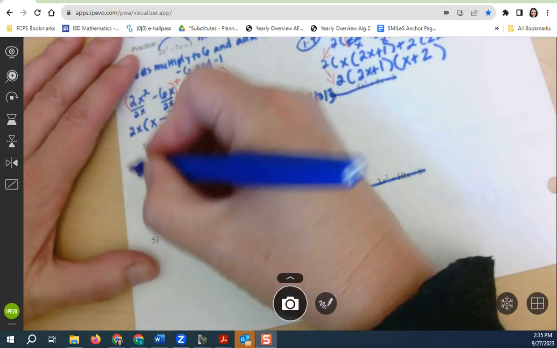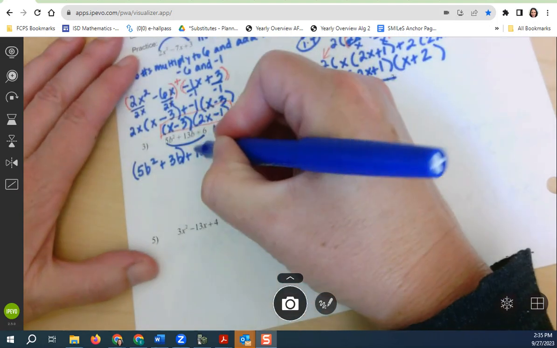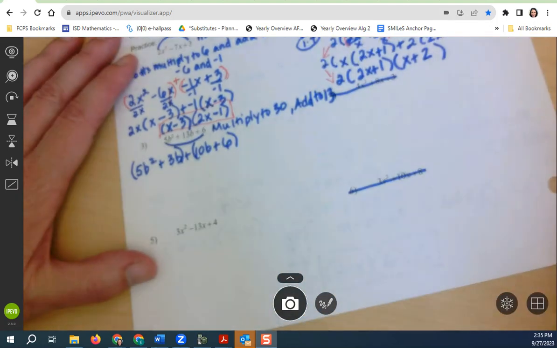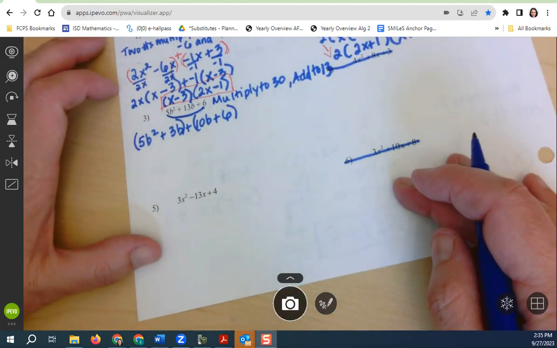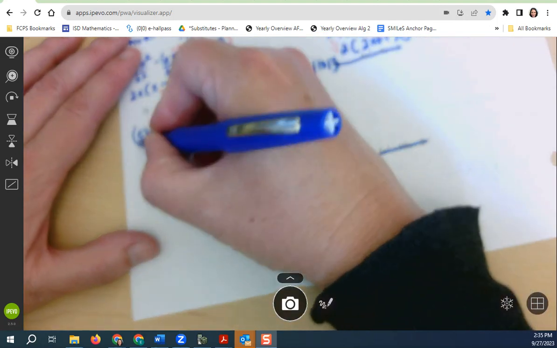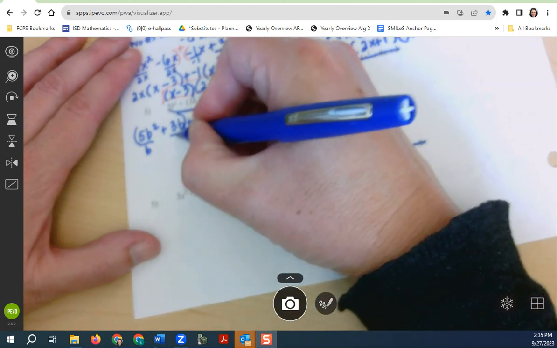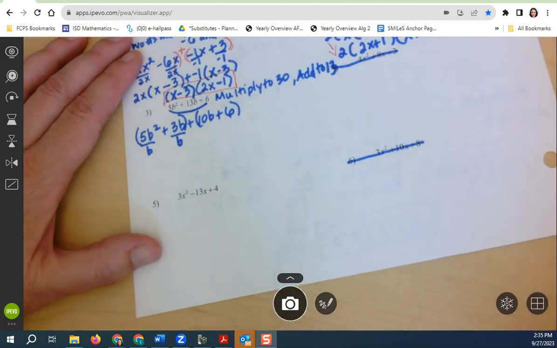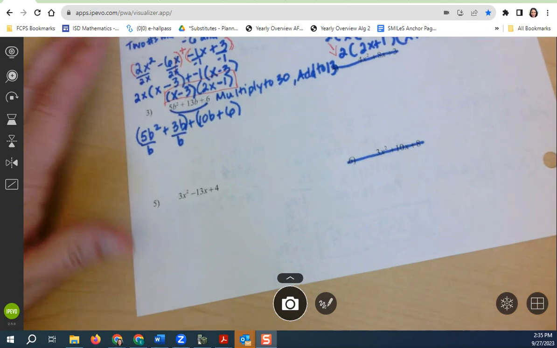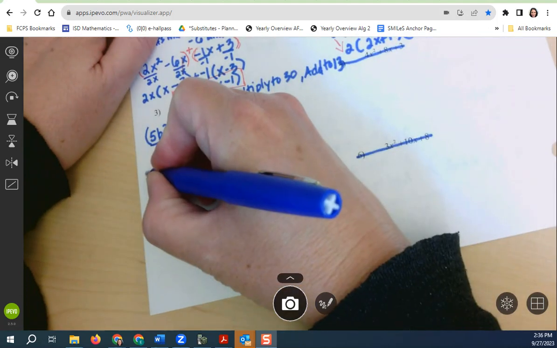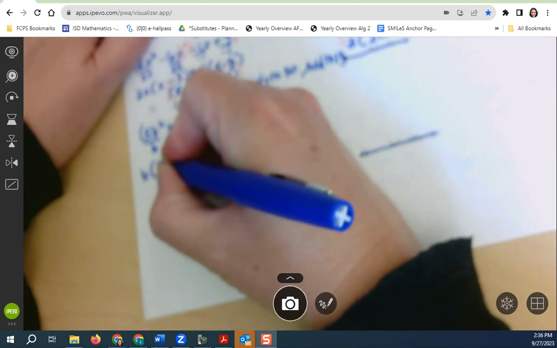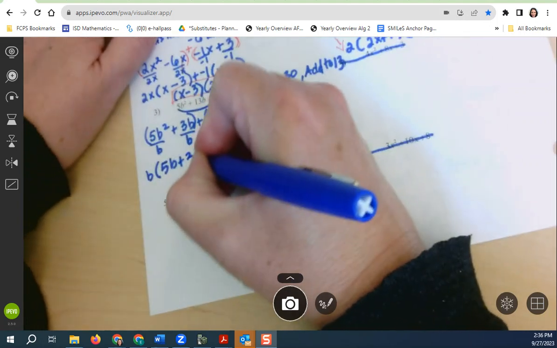So I'm going to put parentheses on the first 2 and on the last 2, like that. They don't have a number that I can divide them both by, but I can divide them both by b. So for the first 2, I'm factoring out a b. All right, so I'm going to take that b on the outside, and I have 5b plus 3.